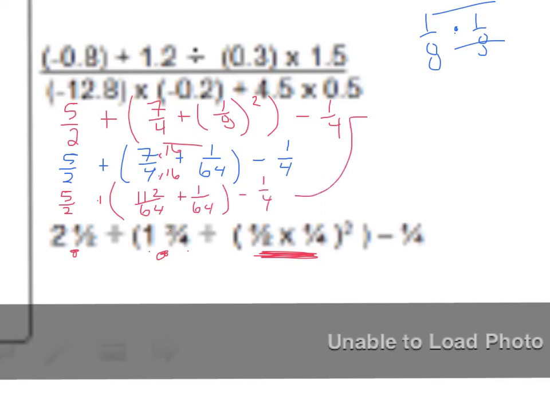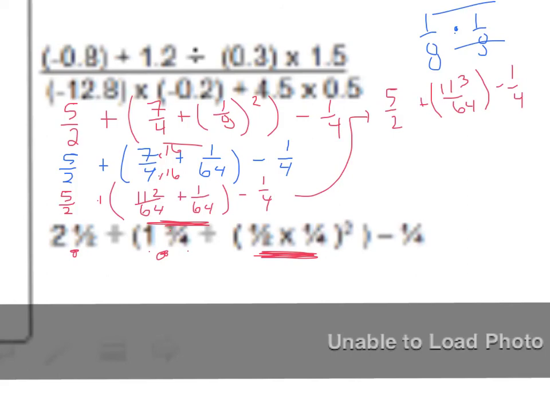I'm going to bring this guy over here so I can do it. 5 over 2 still, plus, do brackets first, 113 over 64, minus 1 over 4. Again, I'm just doing this part first. Because I'm adding and subtracting, I could do them all at once. So let's convert everything to 64s. Okay?